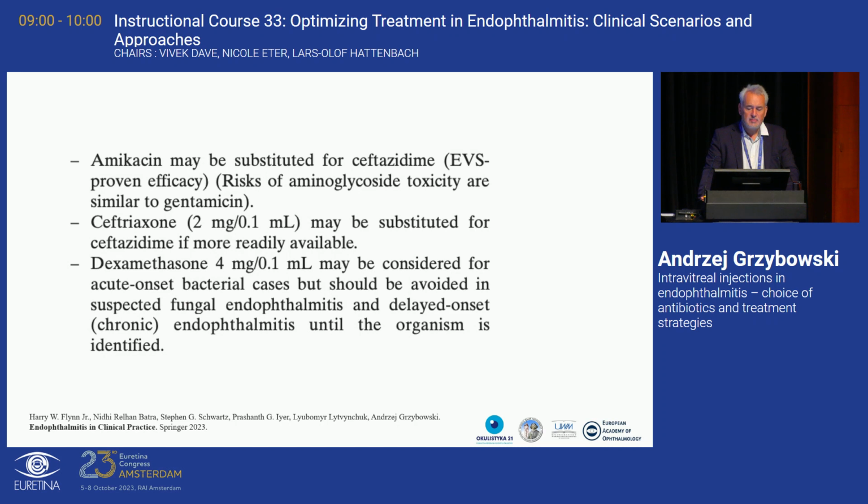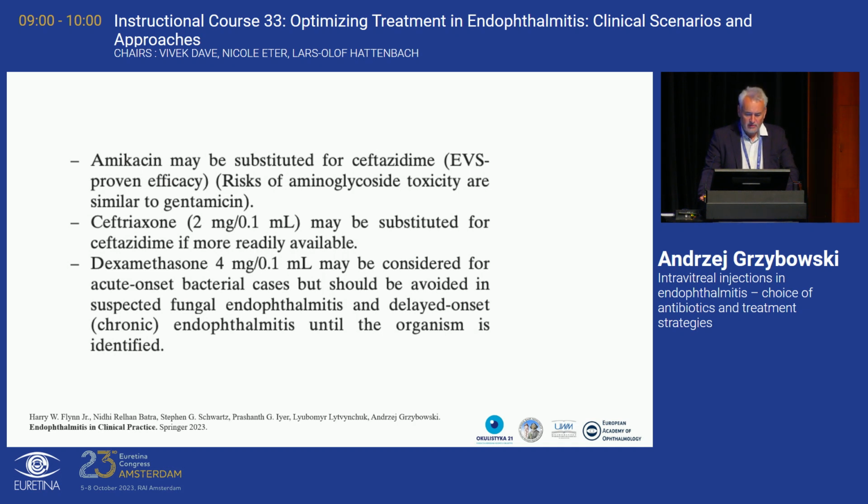Amikacin may be substituted for ceftazidime. However, we need to be aware of the risk of aminoglycoside toxicity, similar to gentamicin. Then ceftriaxone may be substituted for ceftazidime if more readily available.